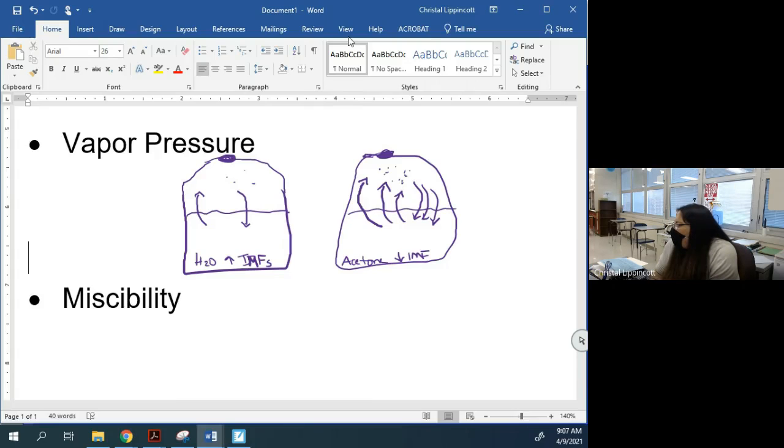And when that happens, that causes pressure on the container. This gas is called a vapor, and so they call that vapor pressure. So lower IMF equals increase in vapor pressure. That makes sense? Why?